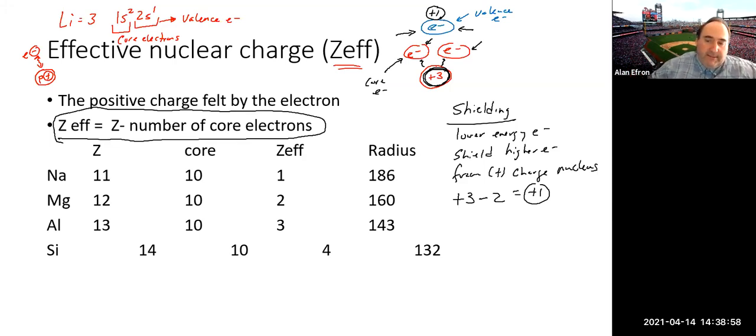Why is that important? Well, a couple of things. One, as you might remember, when you talk about a positive and negative attraction, the force between those things increases with the charge size. So something that's +3 and -3 will be held together a lot stronger than, say, something that's +1 and -1.